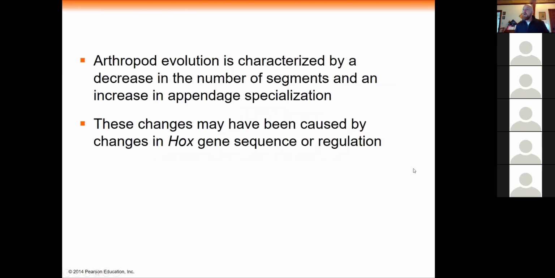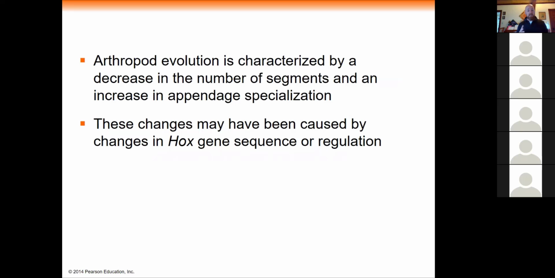As we watch arthropods through time, we typically see a decrease in the number of segments, which is sort of counterintuitive, but what you have are a bunch of segments fusing into one body part. And as that's happening, we're seeing appendages, legs, arms, wings, swimmerettes, becoming more and more specialized for niches.